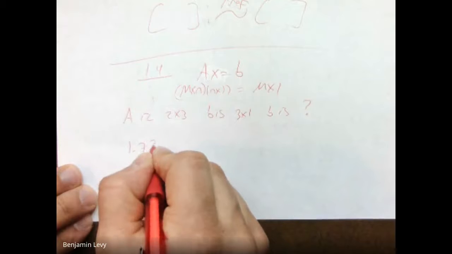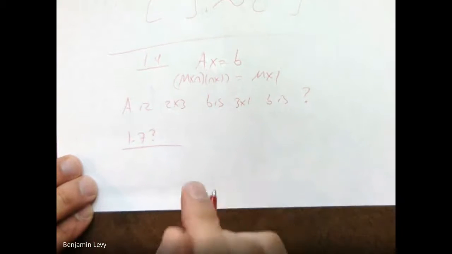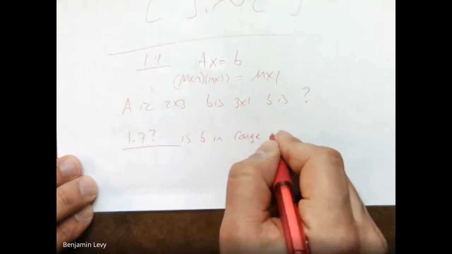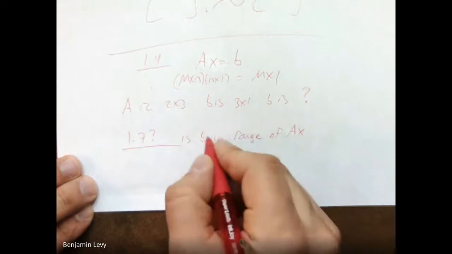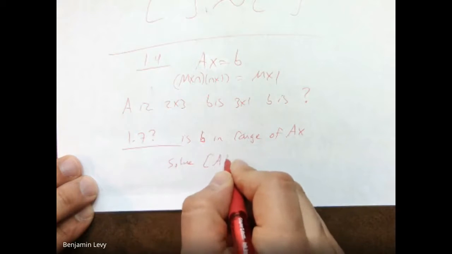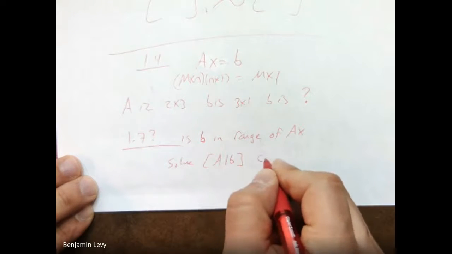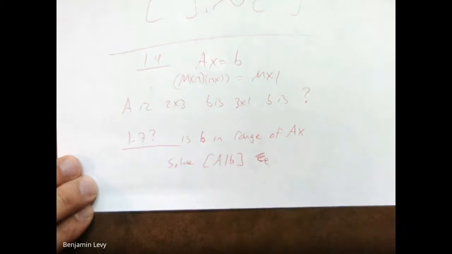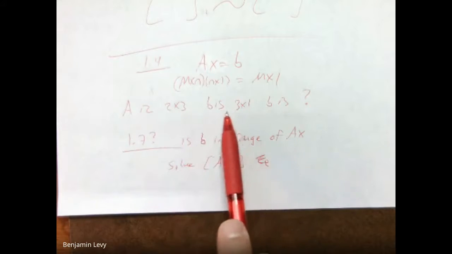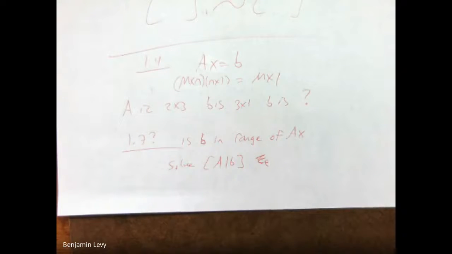I'm going to put 1.7 question mark. 1.7 is more like, is B in the range of AX? That's where you would solve this equation. But to answer your question about what it said for 1.4, it is specifically referring to matching dimensions and knowing how big the result will be.